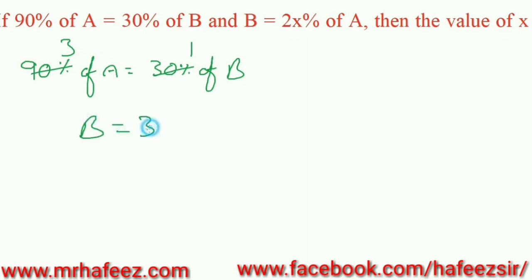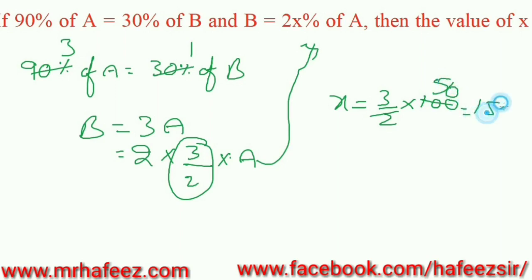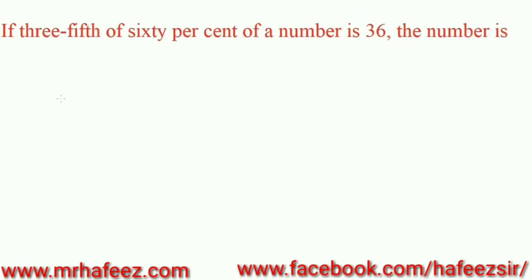B equals 3 times A, which is 3 by 2 into A. This is the same as x equals 3 by 2. X% means into 100. 2 ones 2, 2 twenty-fives 50. 50 into 3 is 150%. So the answer is 150%.